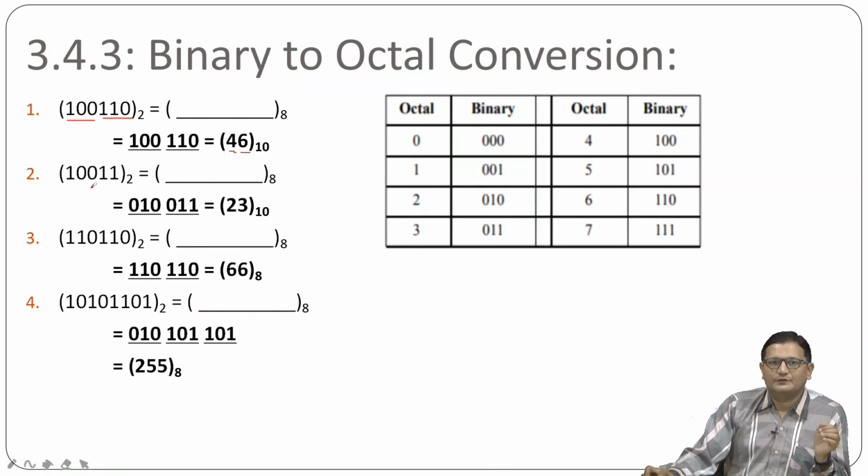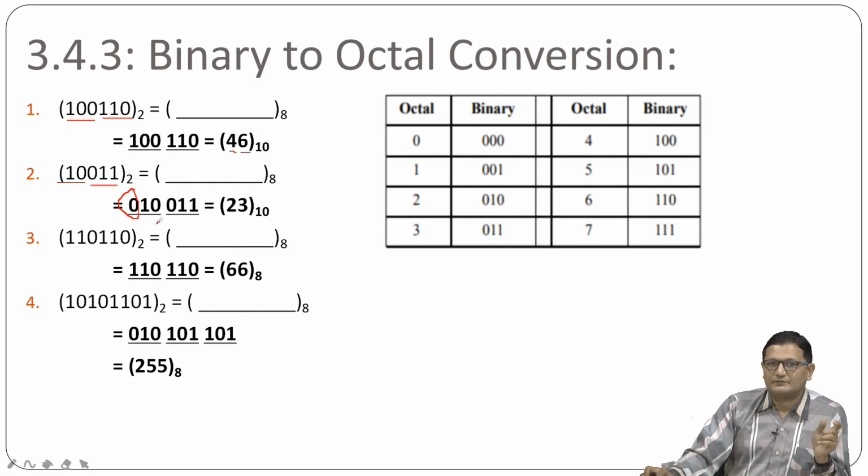Suppose here, if we make groups, make sure when you are making groups of 3 bits, you start from the right hand side and go towards the left hand side, right? So first I will make a group, that is 011, and then here I have only 10. This is 2 digits, so we will insert a 0 here.